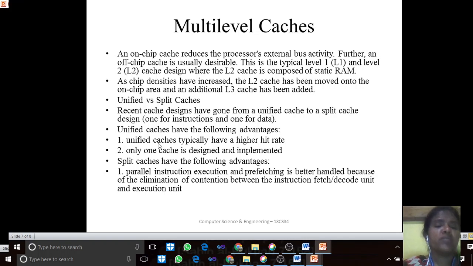Split caches have the following advantages: parallel instruction execution and prefetching are better handled because of the elimination of contention between the instruction fetch and decode unit and the execution unit, because it executes concurrently from the caches which are split into instruction and data.